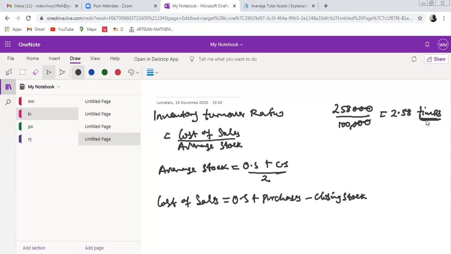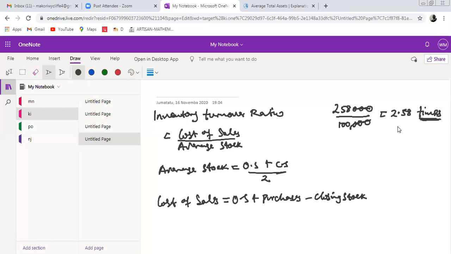When we talk about the inventory turnover ratio, we are simply talking about the number of times you replenish stock in your business in that particular period. So we are going to replenish 2.58 times in that financial year. The more times you replenish the stock, the better for the business. So it's the cost of sales over the average stock.